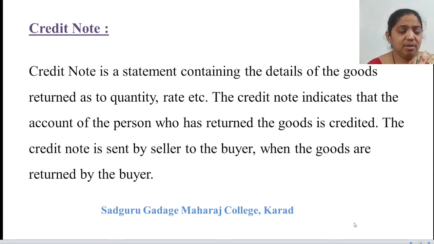Remember this. It is sent by whom? Seller to the buyer when the goods are returned by the buyer.